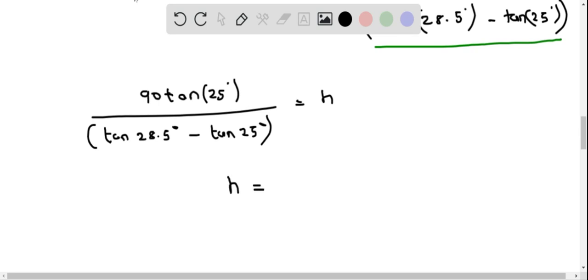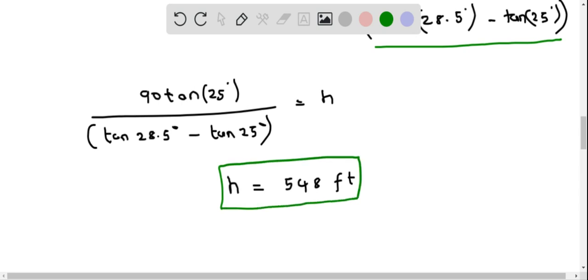And when we do, we get 548 feet. So thus we have determined that the height of the hill equals 548 feet. And this means answer choice C is correct.